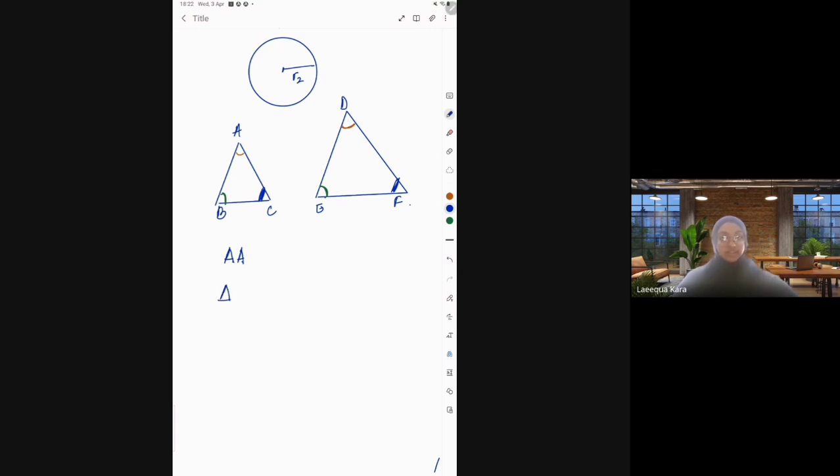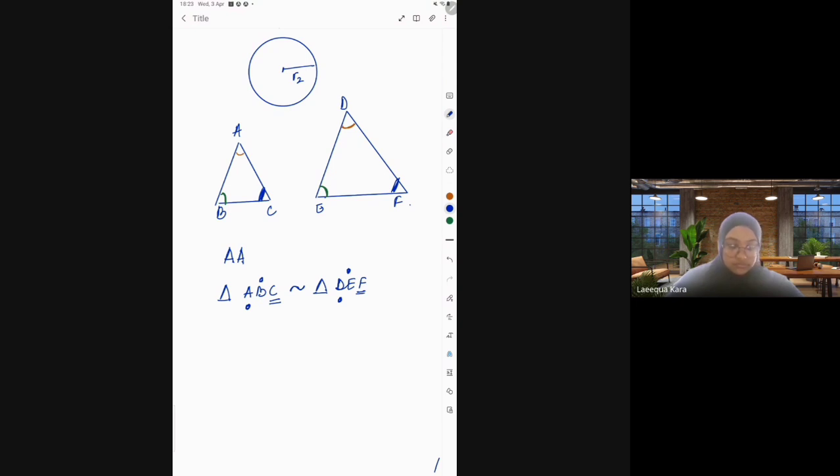Here I would write that triangle ABC is similar, this is the sign for similarity, to triangle DEF. What this means is that angle A is similar to angle D, angle B is similar to angle E, and angle C is similar to angle F in the sense that these angles are equal.